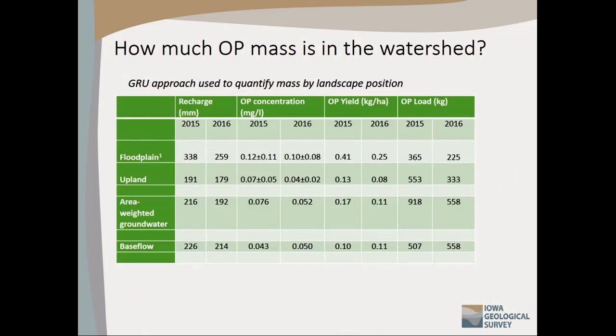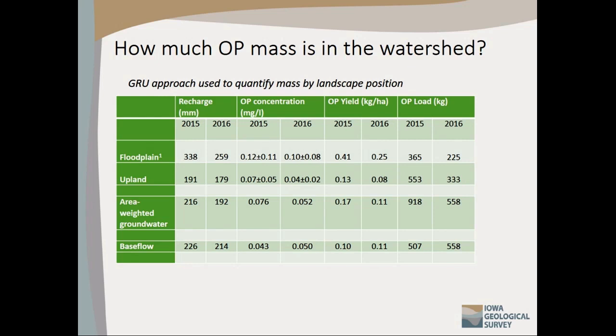So how much orthophosphorus mass is in the watershed? That's where some of these mechanisms to total these things get interesting, because you could say, given the yield and the loads associated with these land cover areas, we have the area of floodplains, we have the area of uplands, times that kilograms per hectare load, we can say something about how much mass of orthophosphorus might be in the water table, or at least the water table above the pre-Illinois till.